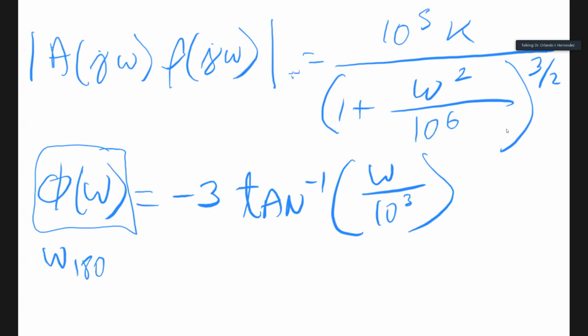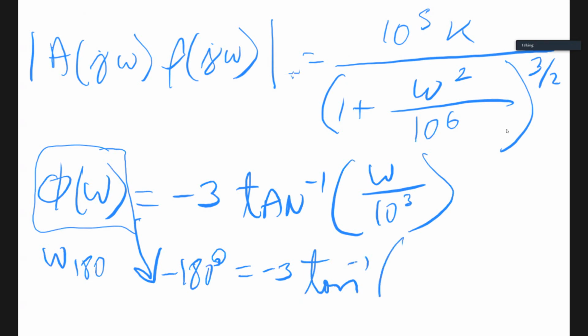So to do that, I write minus 180 here is equal to -3 tan inverse of omega 180 divided by 10 to the third.